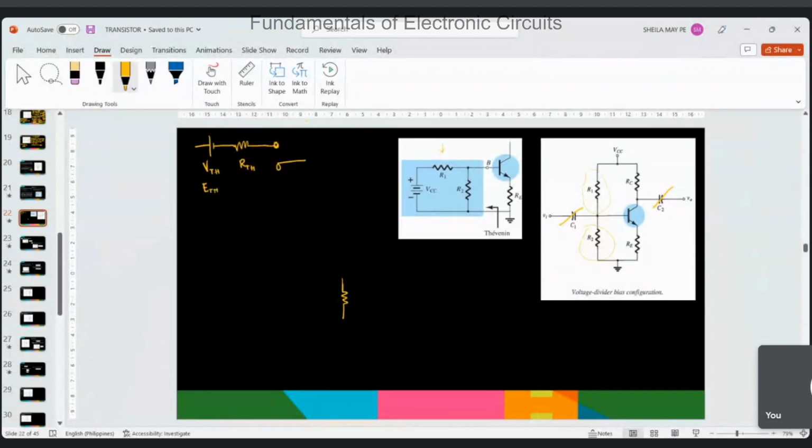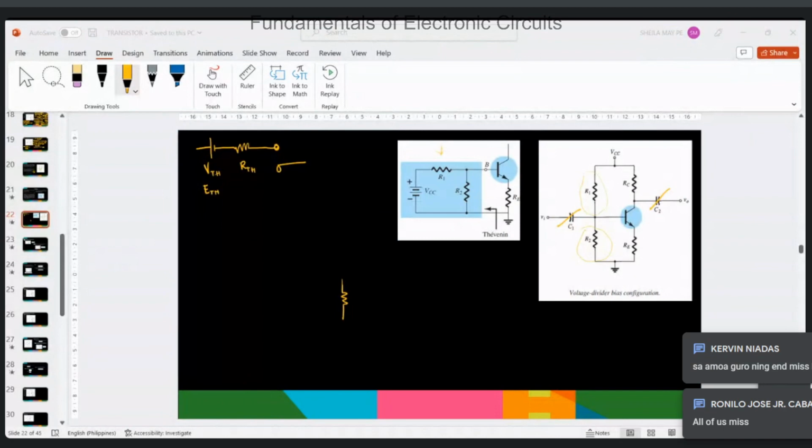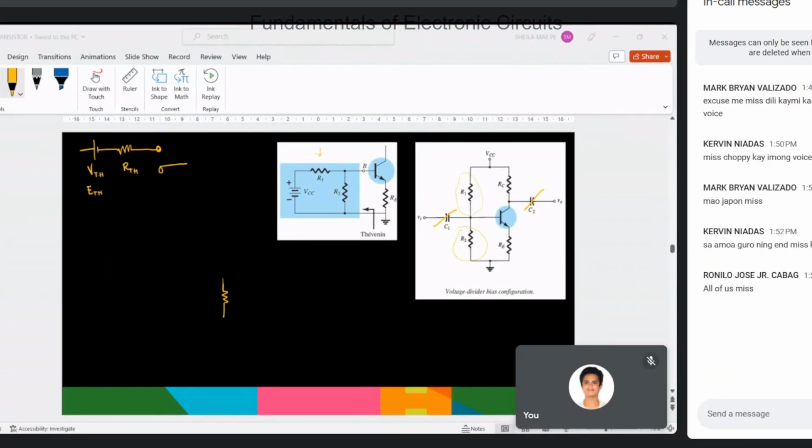Umuwi oh, hapon, miss. okay, hold on. Putol-putol jud siya, miss. Sige, sige. Sa siguro na internet kay kamo man putol-putol.